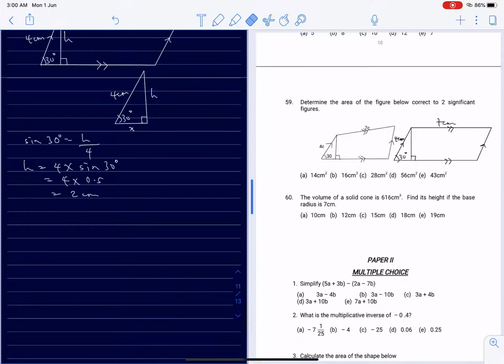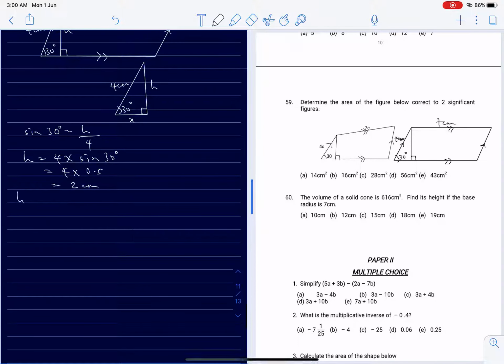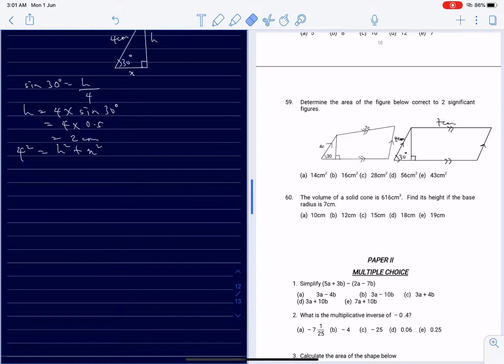So how do I find h? In the small right angle triangle, 4 squared is h squared plus x squared. That means 4 squared equals 2 squared plus x squared.